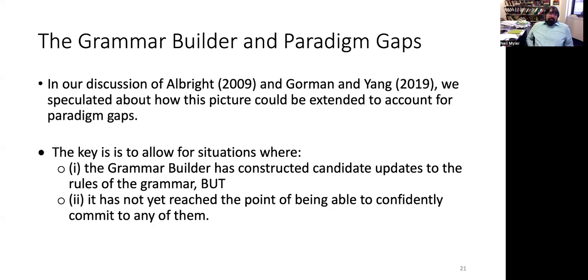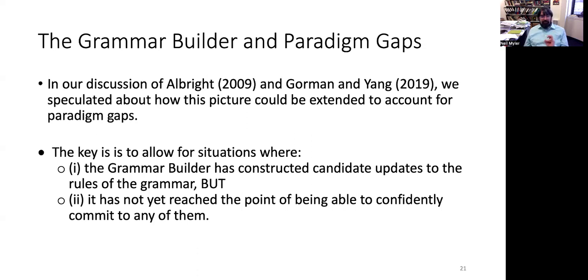We discussed paradigm gaps late in the semester. We read Albright 2009 and Gorman and Yang 2019 with respect to this. And in that discussion, we speculated about how this picture could be extended to account for paradigm gaps. And the key appears to be to allow for situations where the grammar builder has constructed candidate updates to the rules of grammar, but has not yet reached the point of being able to confidently commit to any of them, right?